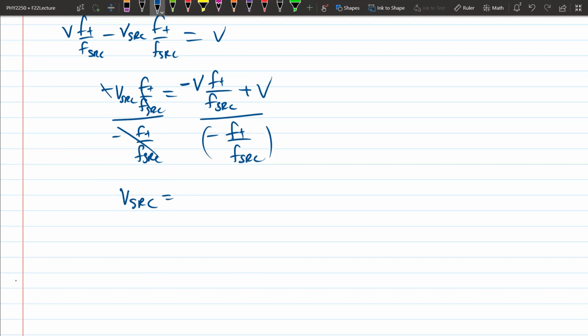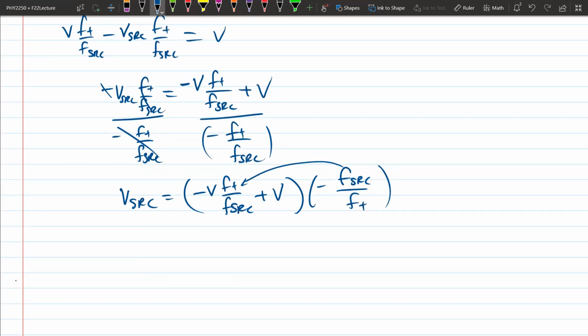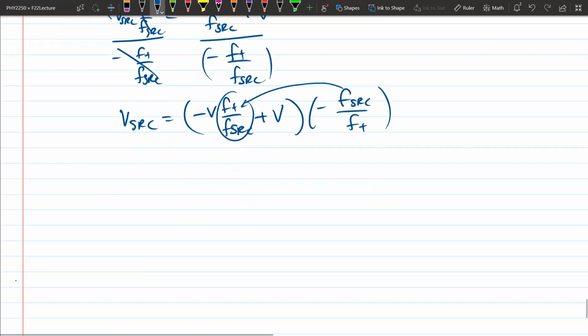Since we have a denominator dividing by a fraction, that's the same thing as multiplying by the reciprocal. Minus V F plus F SRC plus V. This cancels out with this stuff, and the minus sign also cancels out. So you just have V in front, minus V F SRC times F plus.